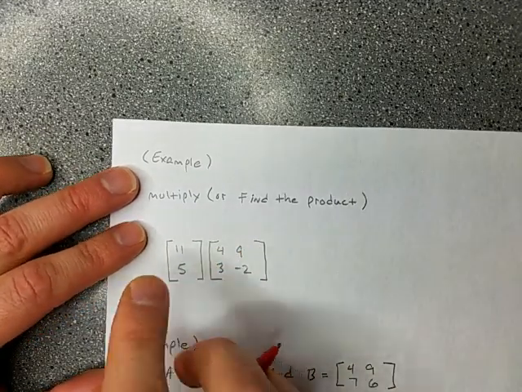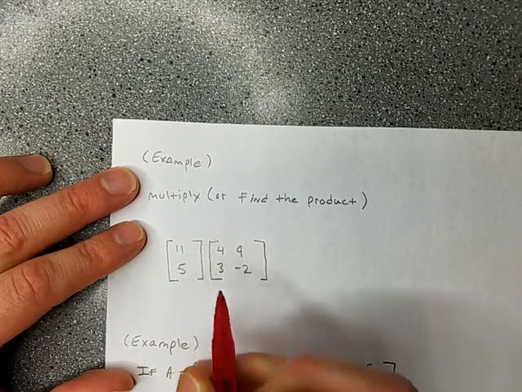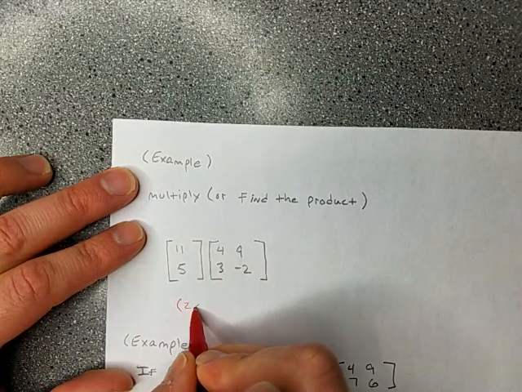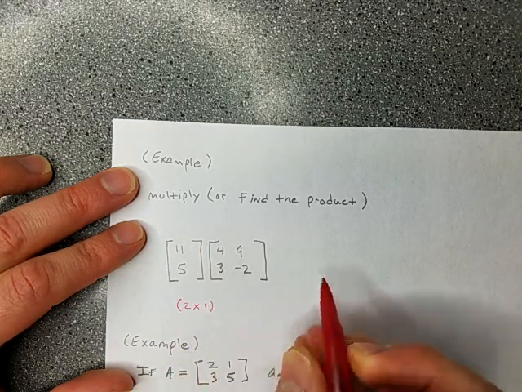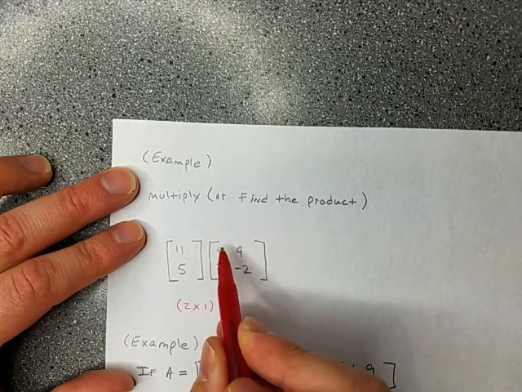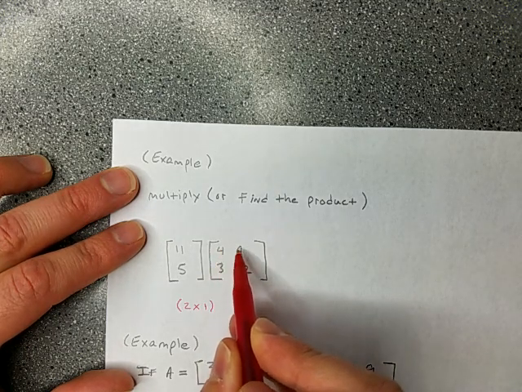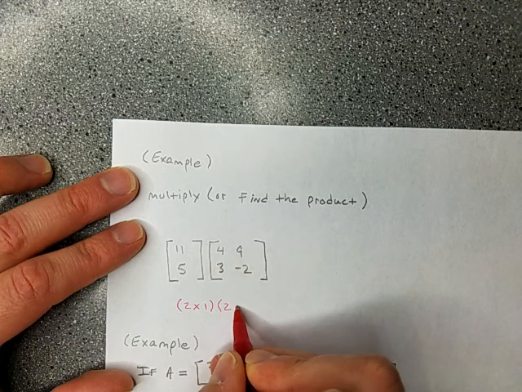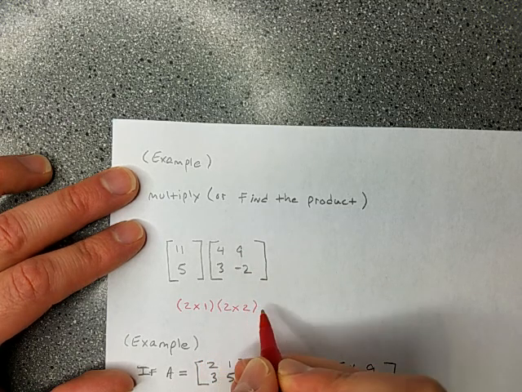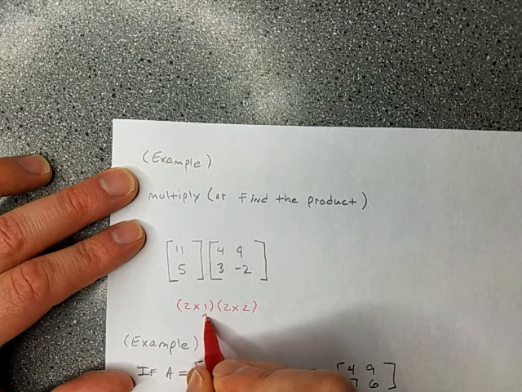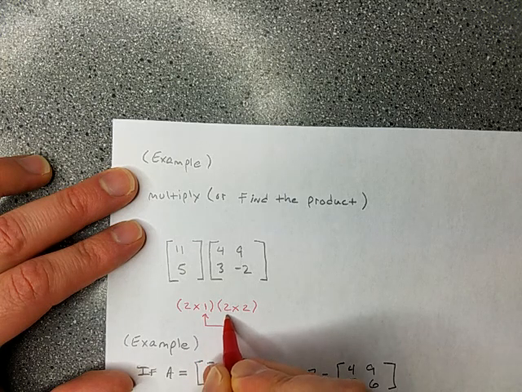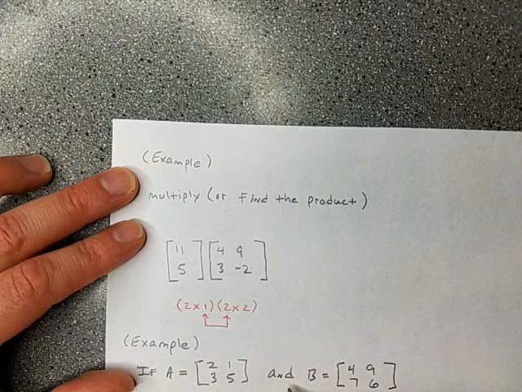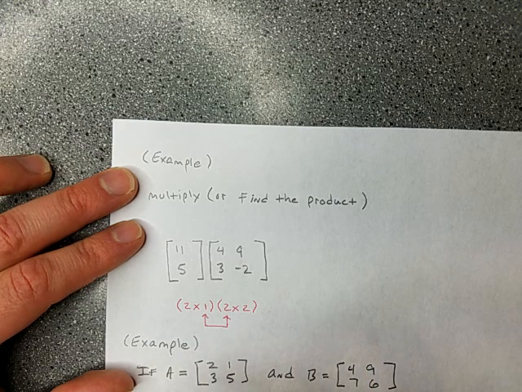This first matrix is 2 rows, 1 column, so it's a 2 by 1. And we're multiplying it by this other matrix, which is 2 rows, 2 columns, so 2 by 2. And I said that this number would have to match that one in order for the multiplication to be possible.